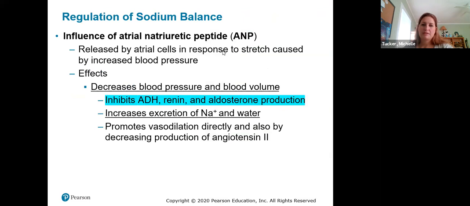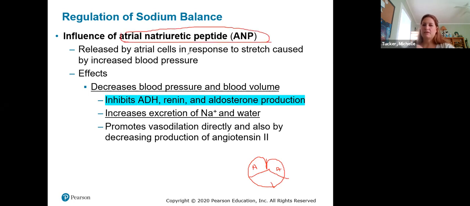Aldosterone is going to increase blood pressure. So increase aldosterone, increase blood pressure. Well, your heart says most of the time that's really good, but sometimes the blood pressure gets too high and could actually start to damage the heart cells. So we have our atria, and they produce atrial natriuretic peptide.